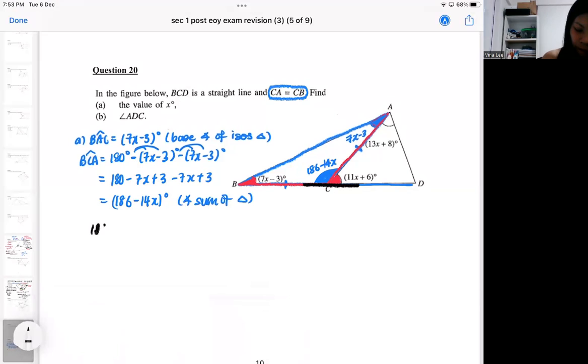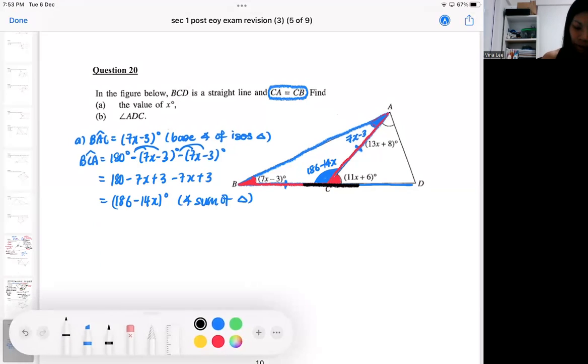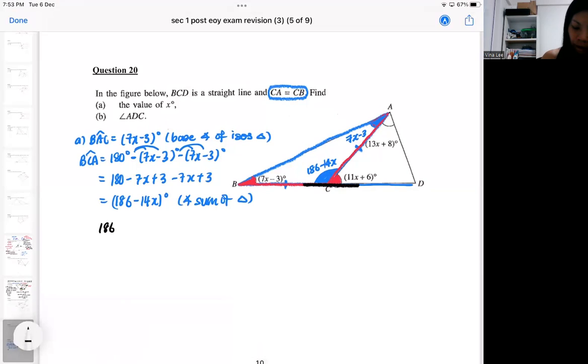So 186 minus 14x plus 11x plus 6 will be equal to 180 degrees because of the property of angles on the straight line.